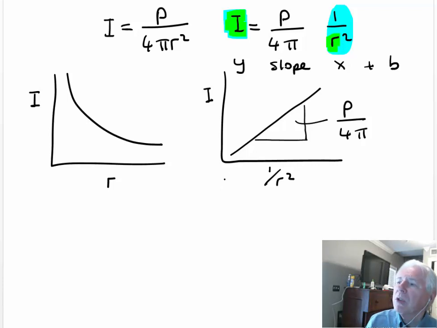But there's a problem, and the problem is that the intensity measure is arbitrary. It's not measured in watts per square meter, which in SI units it would be. If power is in watts and R is in meters, then this would be in watts per square meter.